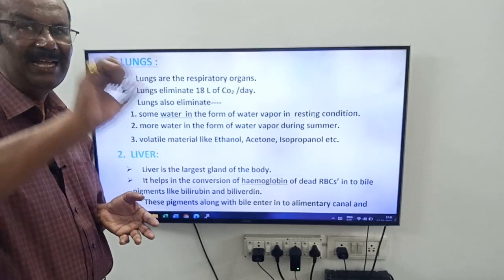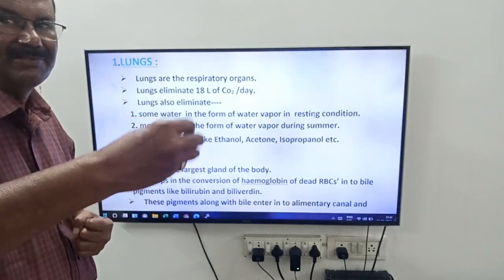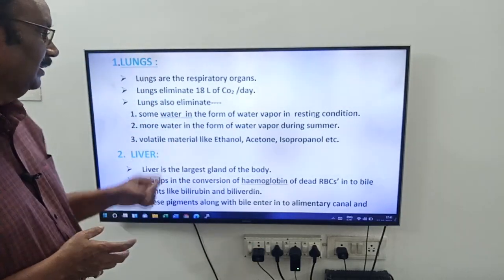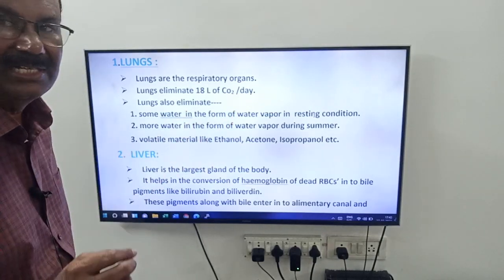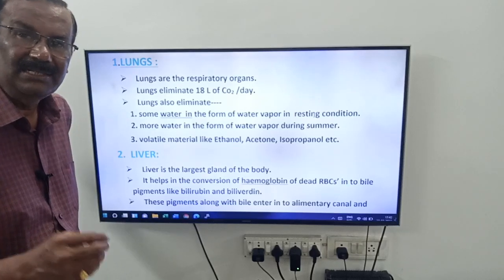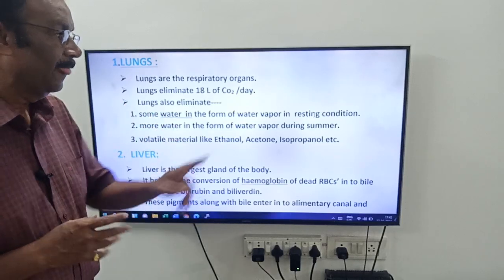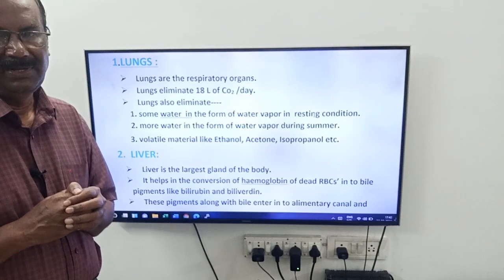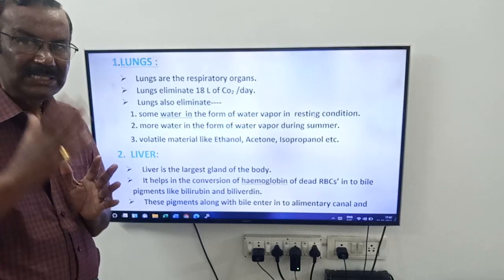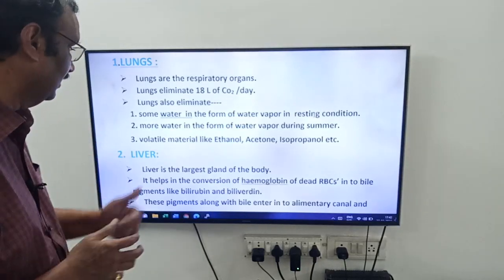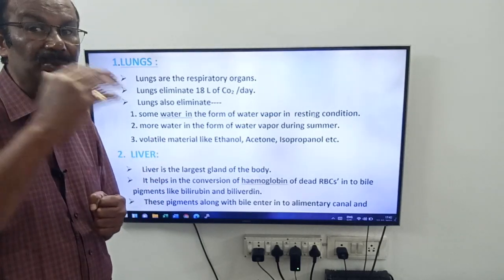In addition to carbon dioxide, lungs also eliminate some water in the form of water vapor in resting conditions. Second, more water in the form of water vapor is eliminated during summer or during dry days.